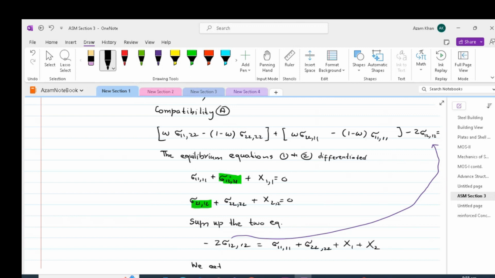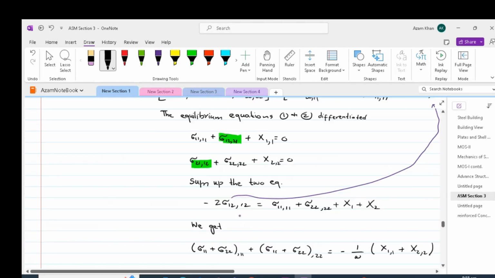After that, we add up the 2 equations, and we get 2 sigma 12,12, since sigma 12 equals sigma 21 because we are dealing with a continuum.